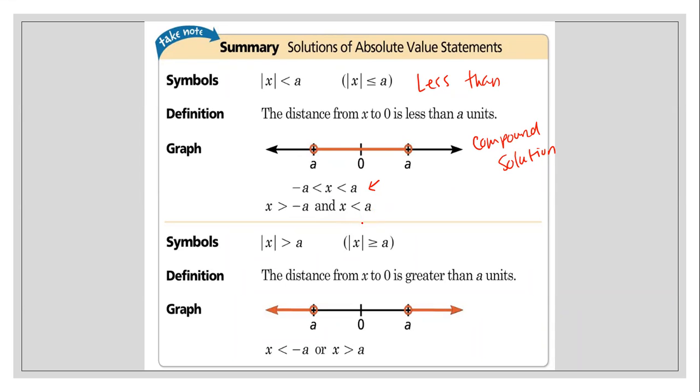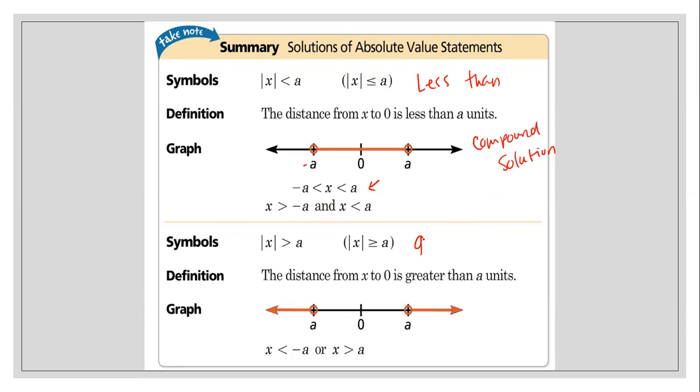The numbers both may be positive. It's not guaranteed that one is negative and one is positive. And so when you are writing it, it just becomes one solution.